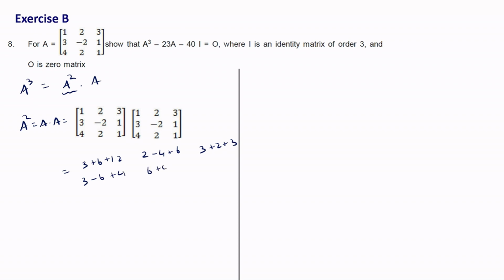Next we have 6 plus 4 plus 2, and then we have 9 minus 2 plus 1. Here it is 4 plus 6 plus 4. Here it is 8 minus 4 plus 2, and then it is 12 plus 2 plus 1.